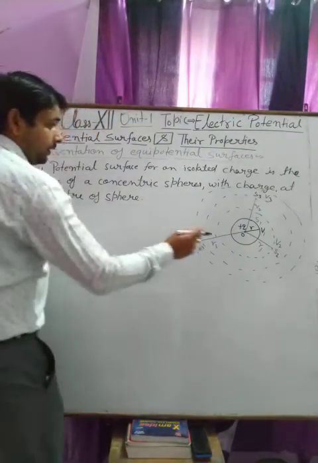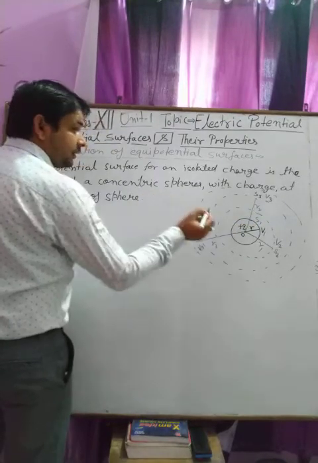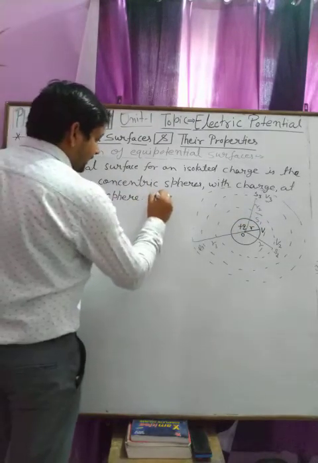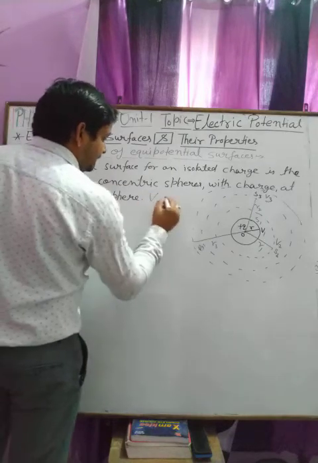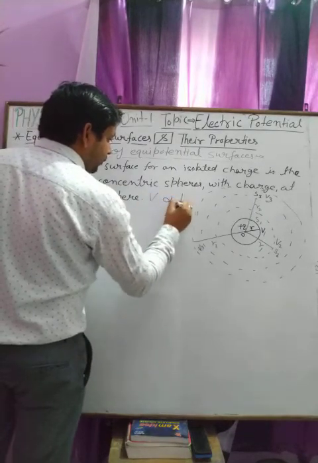So, according to the rule, potential is inversely proportional to the distance.